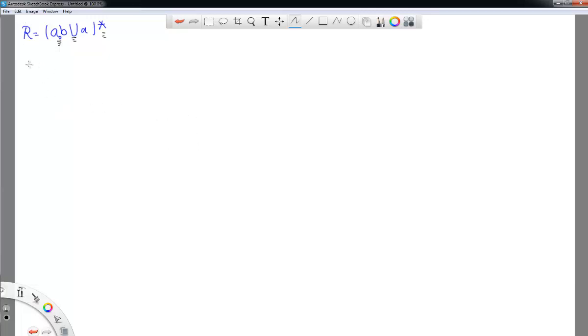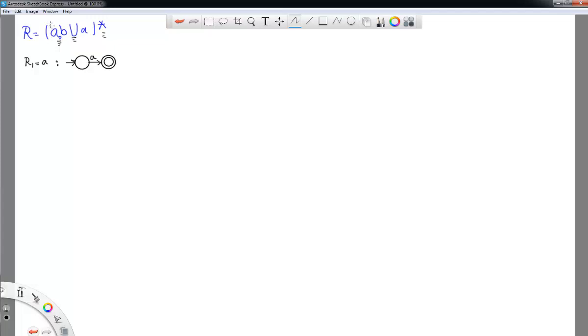So if I have R sub 1 equal A, then what would be the NFA that recognizes it? So an NFA that recognizes A is going to look something similar to this. There's going to be a start state, and then with A it's going to go to the accept state.